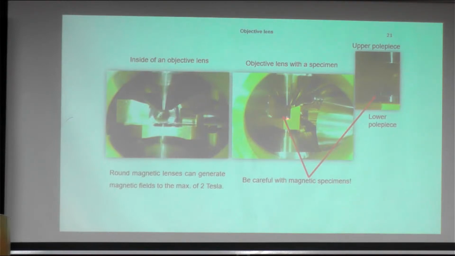And then to get it out, you need to open your system, which is also not good for the vacuum, because you have to be careful not to scratch the pole pieces. Otherwise, you will get a non-uniform magnetic field.